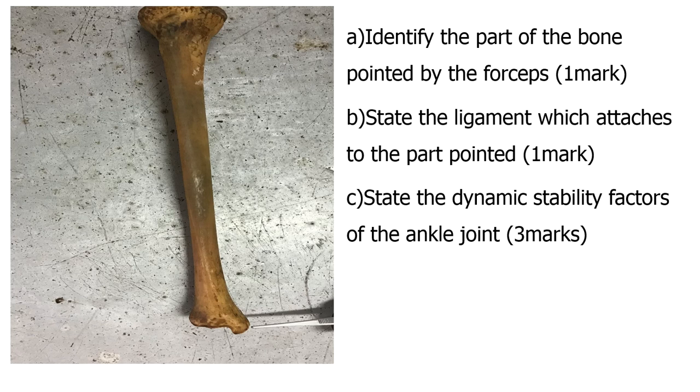You have the tibialis anterior, your extensor digitorum, your extensor hallucis from the anterior. Also you have the tibialis posterior, the flexor digitorum longus, flexor hallucis longus from the posterior compartment. So any of the muscles from the compartments of the leg will be dynamic stability factors of the ankle joint.